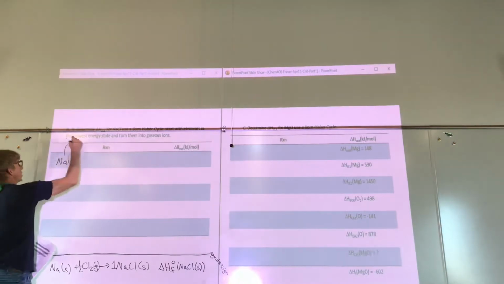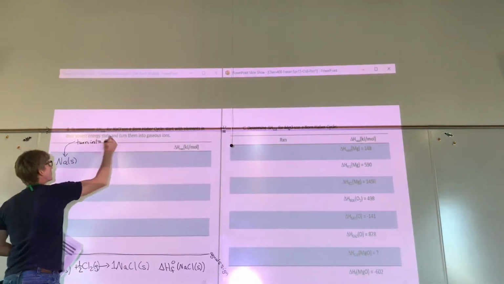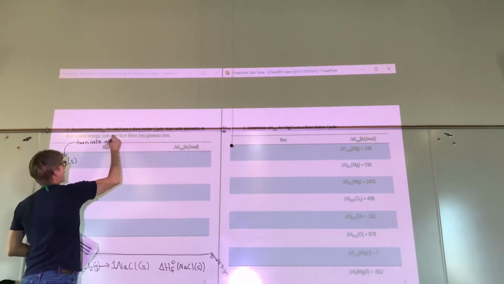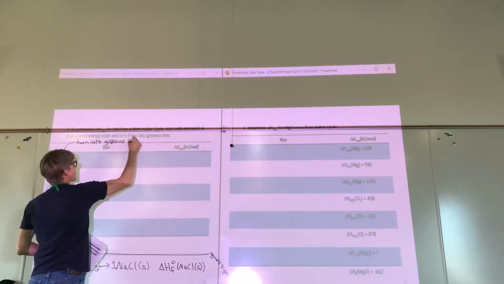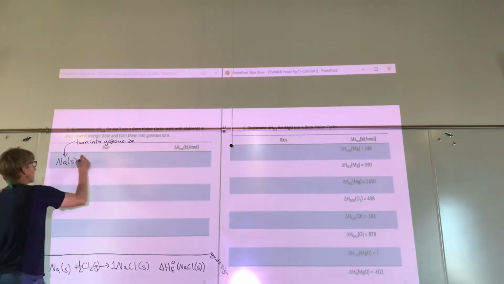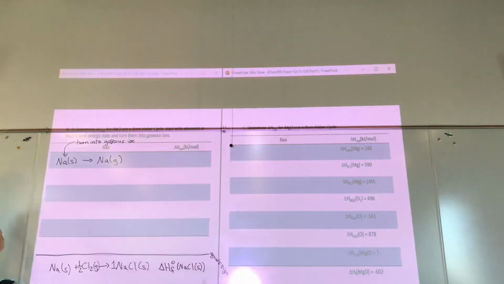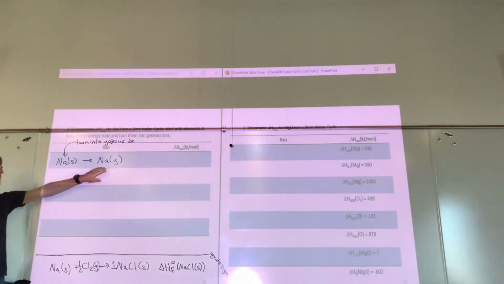So I'll make a little note here: gaseous ion. And I'll show you what that means. When I do it, you'll see that these are a bunch of reactions that should be familiar. First thing we're going to do is turn solid sodium into a gas phase. This is what's called a sublimation reaction.